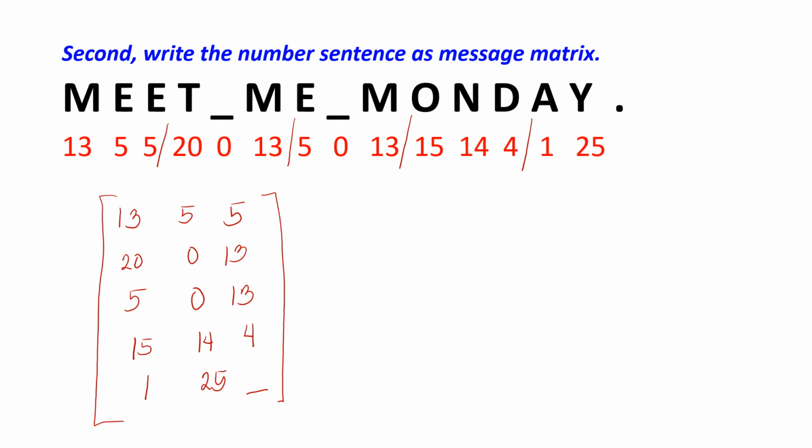If you do not have enough numbers to form a matrix, we can put 0 in the remaining space of the column. So we can just put 0. This is now our message matrix, and this is sometimes referred to as the uncoded matrix.